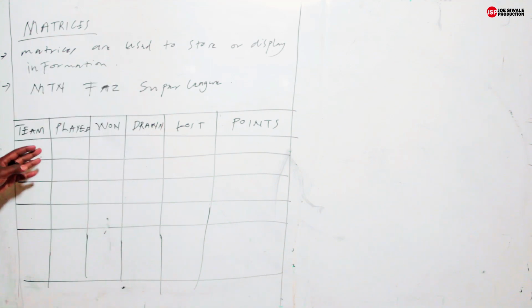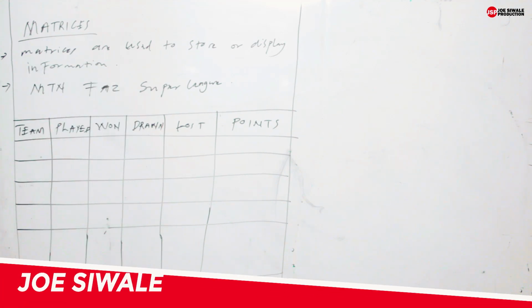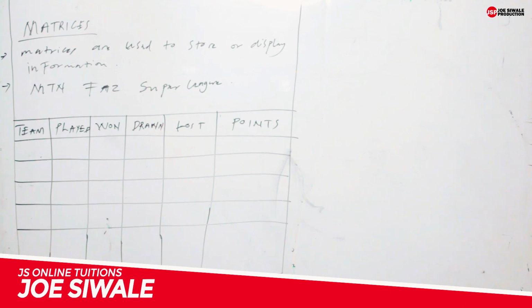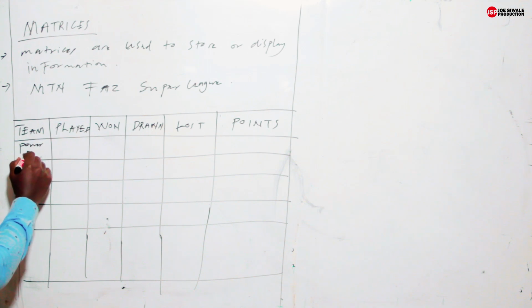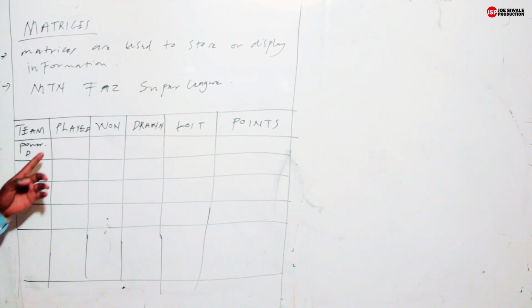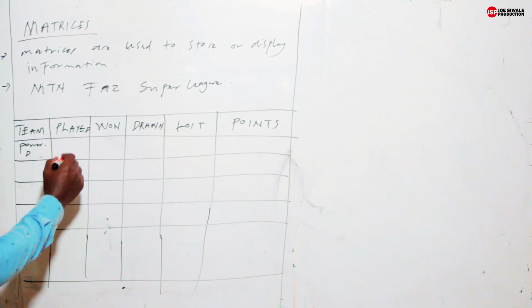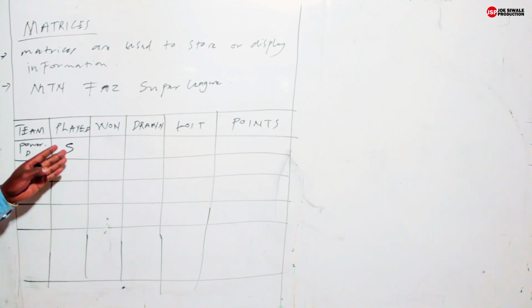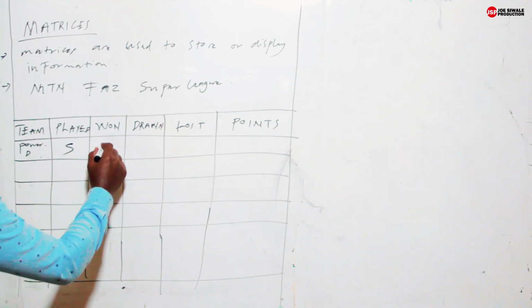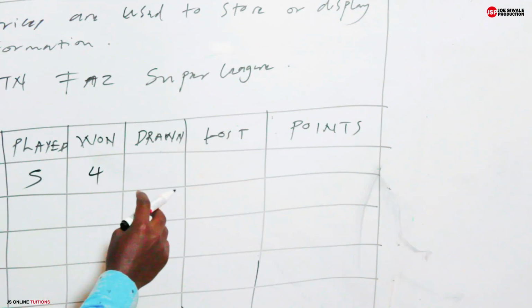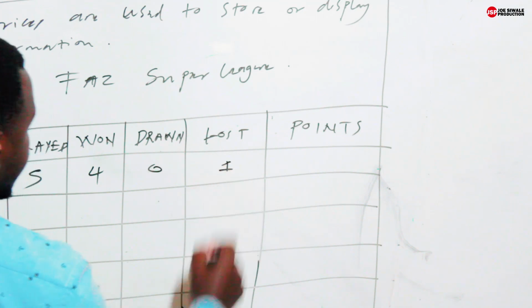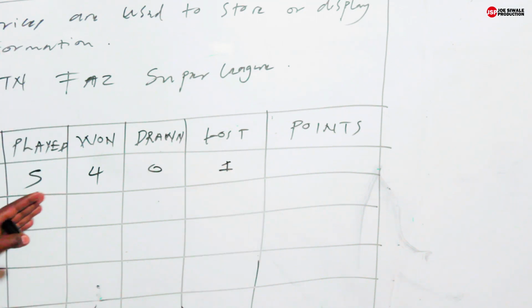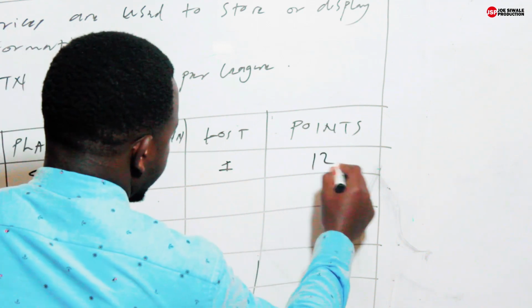So let's take, for instance, the MTN FAS Super League, and our first team is Power Dynamos. Power Dynamos played 5 matches. From these 5 matches, they won 4, drew 0, and lost 1. That means the number of points for Power Dynamos is 12.